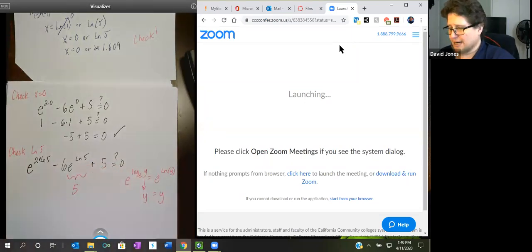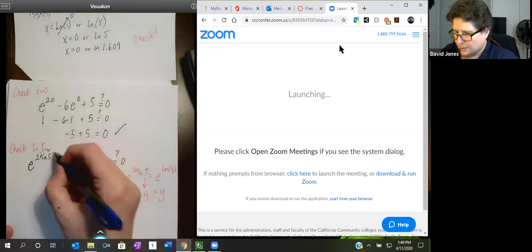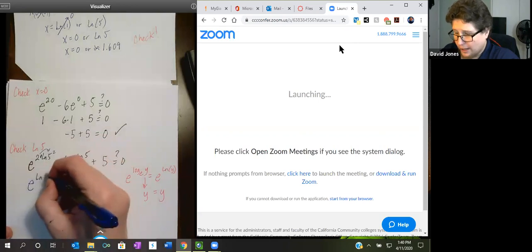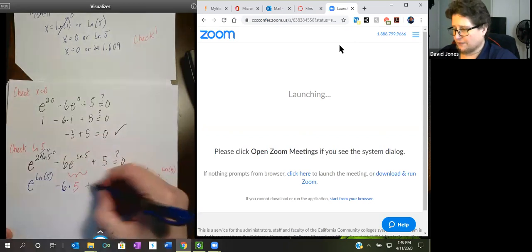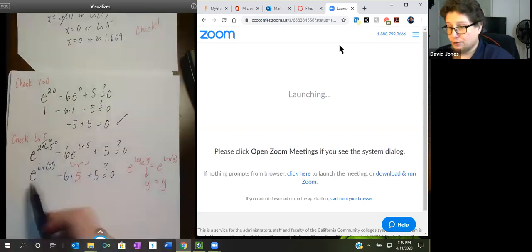I can't do that here yet because I have the 2 out front. But recall, I can move the 2 up as an exponent. I have e to the natural log of 5 squared minus 6 times 5 plus 5. Does that equal 0? And now we can do that property.